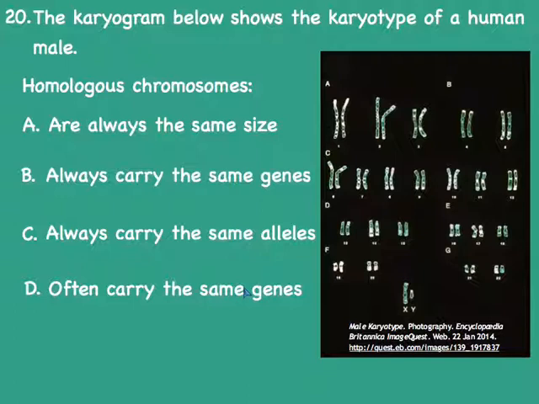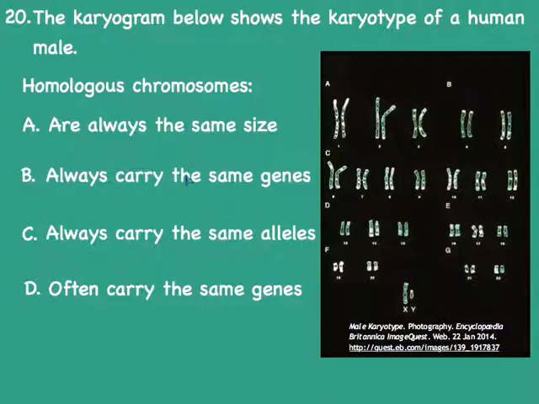Here you can see a karyogram, a picture of the chromosomes found in a diploid human cell, the male karyotype. From this karyogram, we can say that homologous chromosomes often carry the same genes. For if we look at the XY pair in this male karyotype, we'll realize that chromosomes are not always the same size.